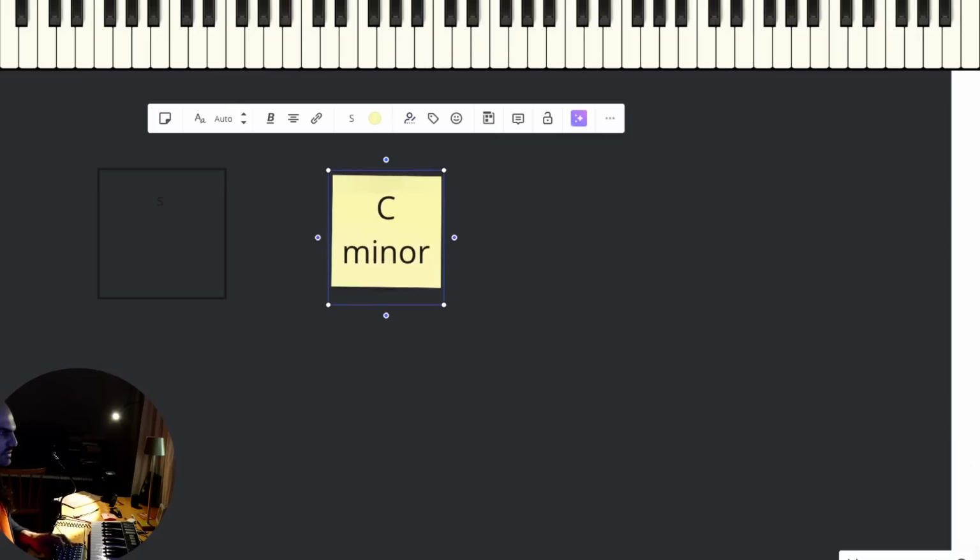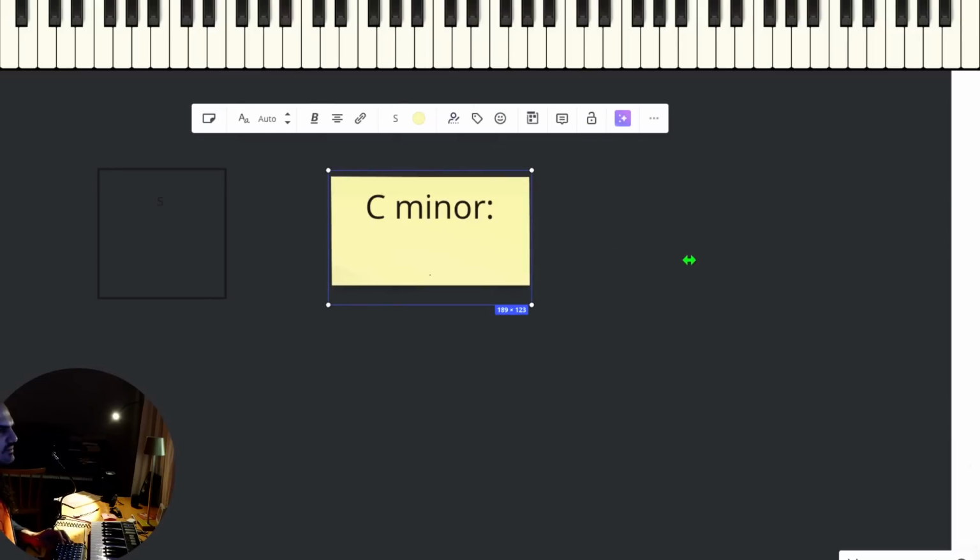So in C minor, you should have this in your head. People, guitarists, they have this very well.